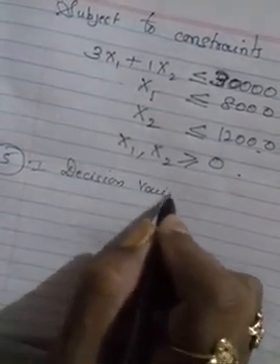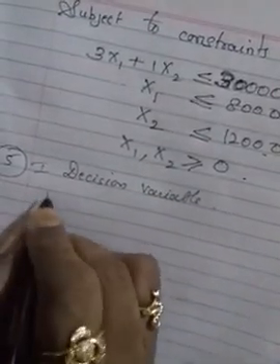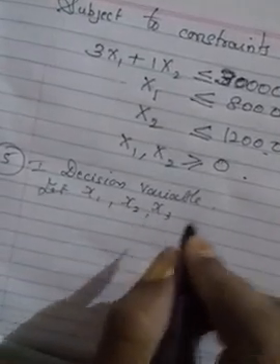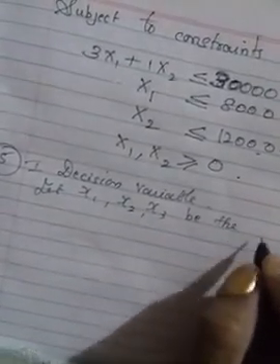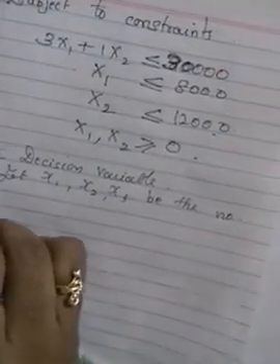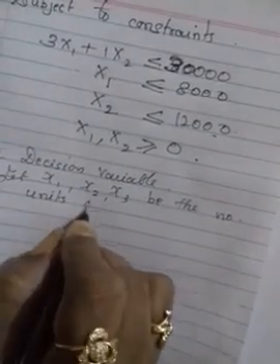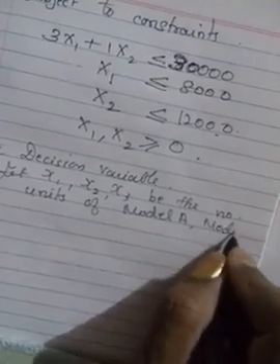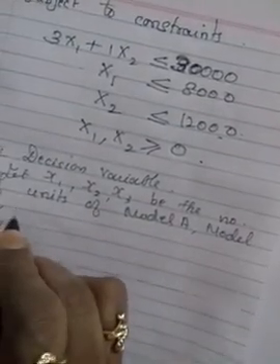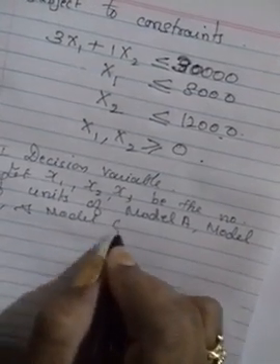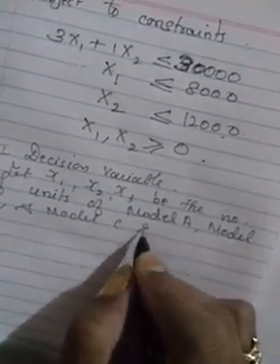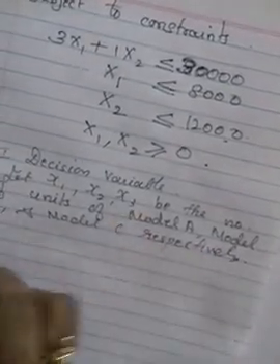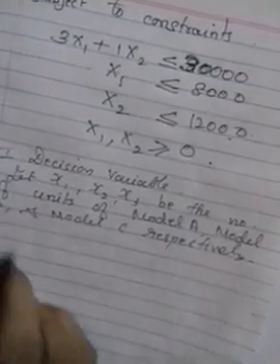Decision variable: let x1, x2 and x3 be the number of units of model A, model B and model C tape recorders respectively, manufactured by the company.